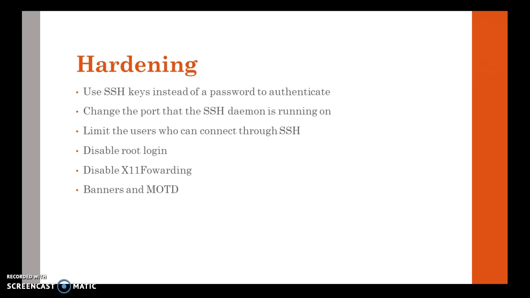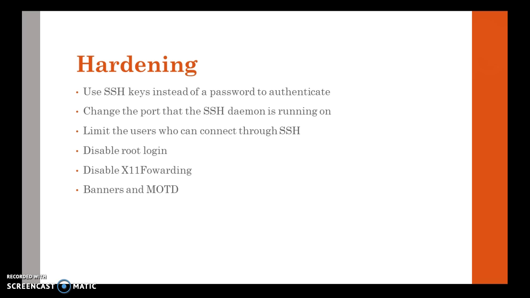So the next step for hardening is you want to change the port that the SSH daemon is running on. Like I said, by default the SSH server will be listening on port 22, so if you change that port to something else, it will reduce the amount of script kiddies and stuff that are going to target that port.